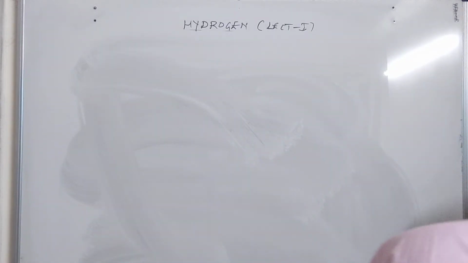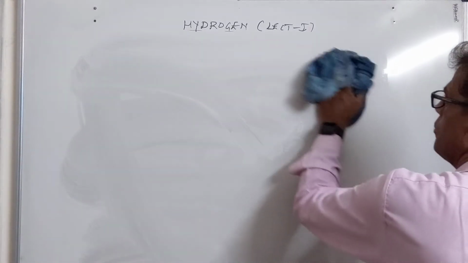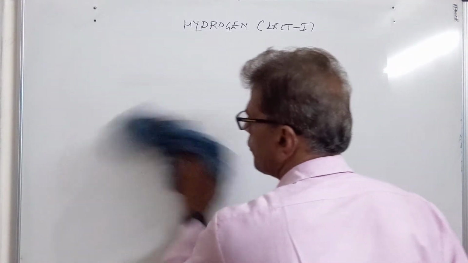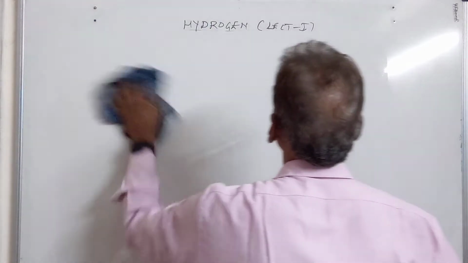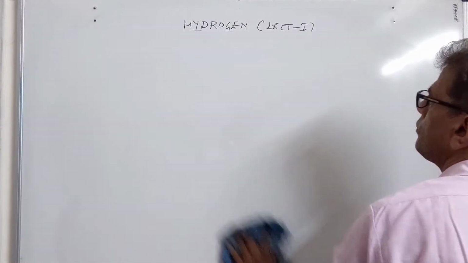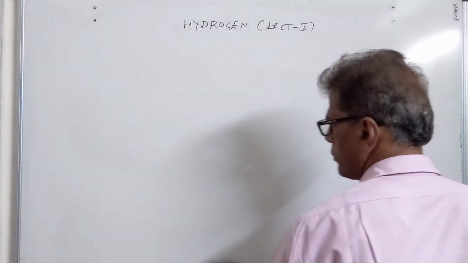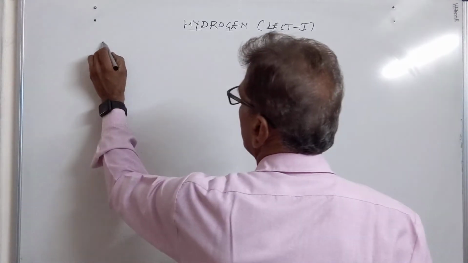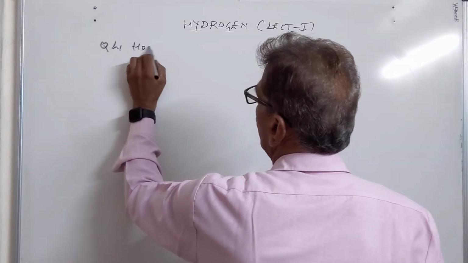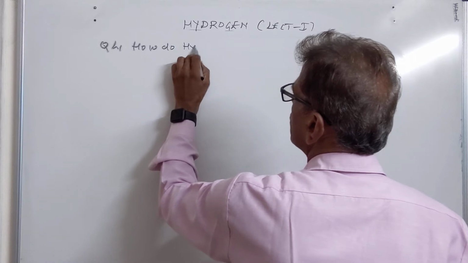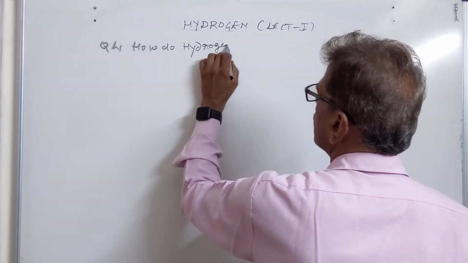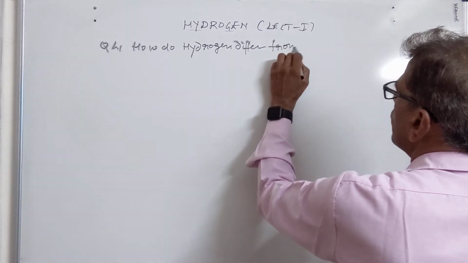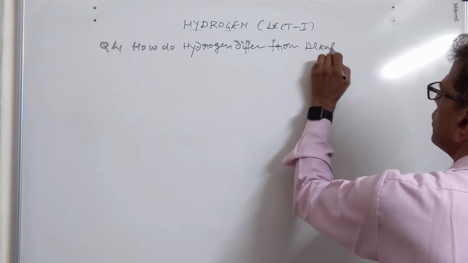So after discussing this question, now we see some points of difference of hydrogen from alkali metals as well as those of halogens. So our next question, question number 4 will be, how does hydrogen differ from alkali metals?